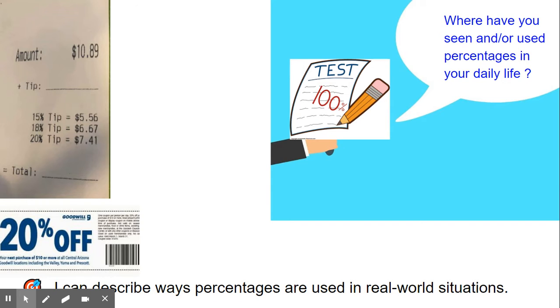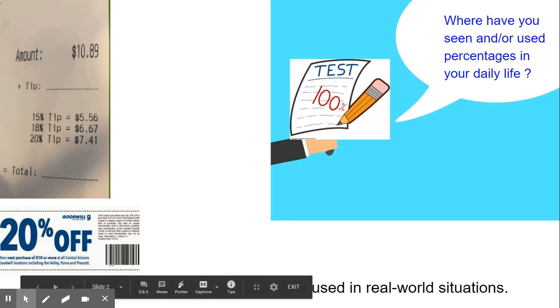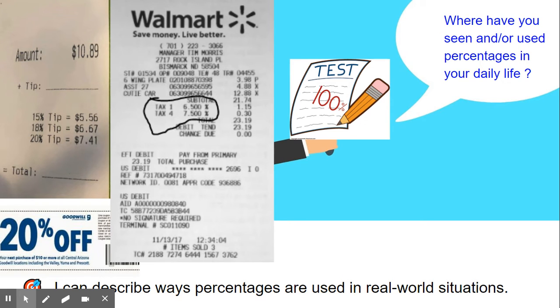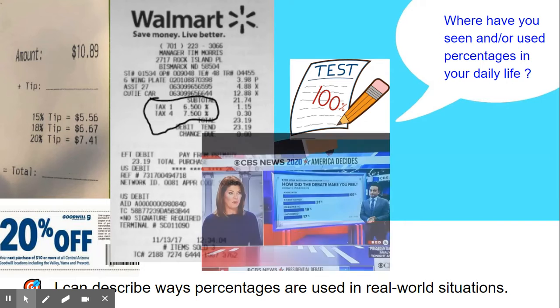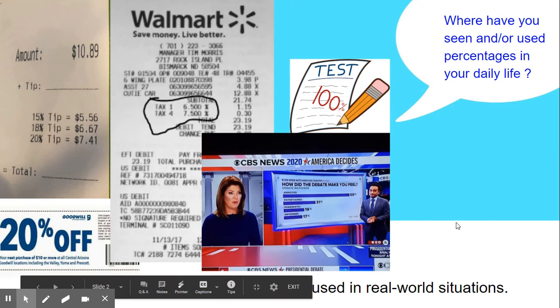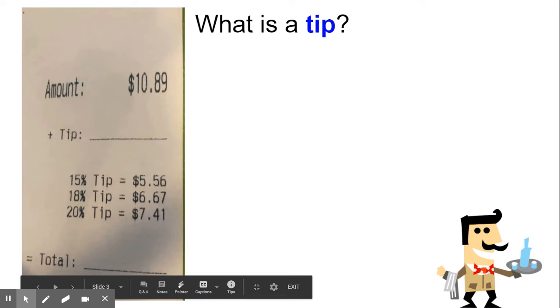When I pay my bill with a credit card, what happens when I see 15, 18, 20% tip? What does that mean? And also, what if I buy something at Walmart and I see some percentages on the receipt? What do those mean? How about even on the news? So let's go ahead and explore some of these topics today in our lesson, and we're going to figure out how these percentages are related to real world situations.